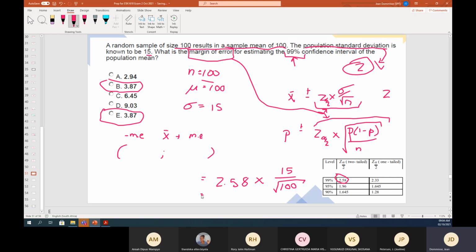So 15 divided by 10 is 1.5. 1.5 times 2.58 gives you 3.87.